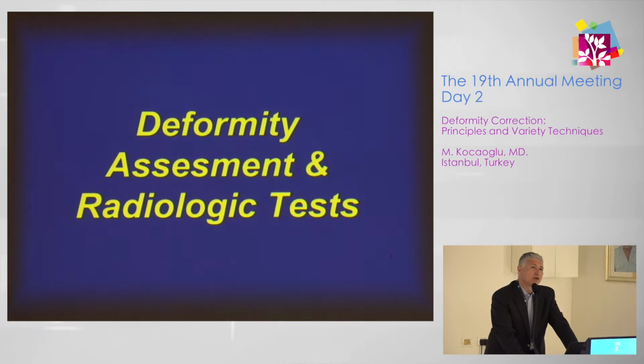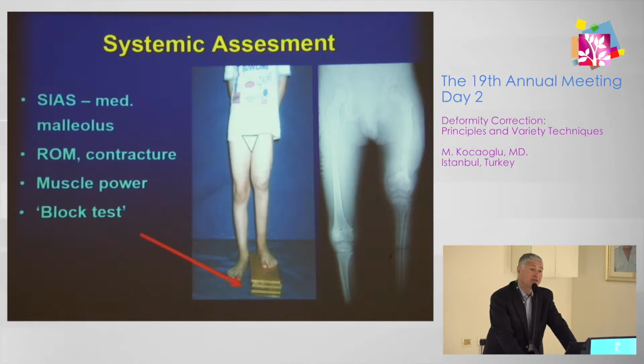Before we start treatment, we have to assess clinically and radiologically the deformity or the deformities. The systemic assessment and the physical examination is essential. Establish the limb length discrepancy if needed, and the range of motion, contracture, muscle power.